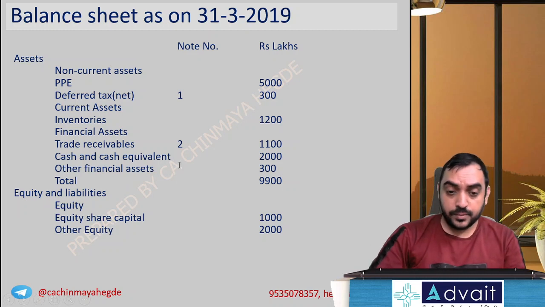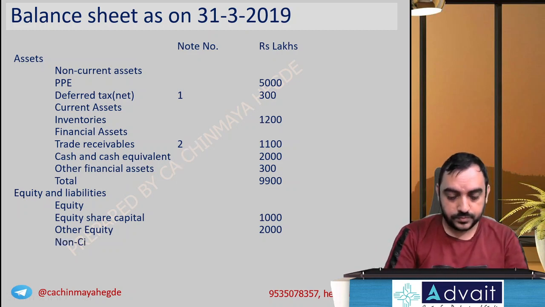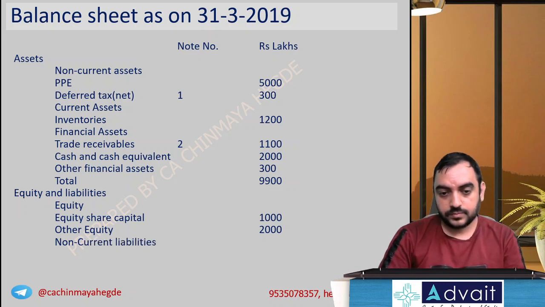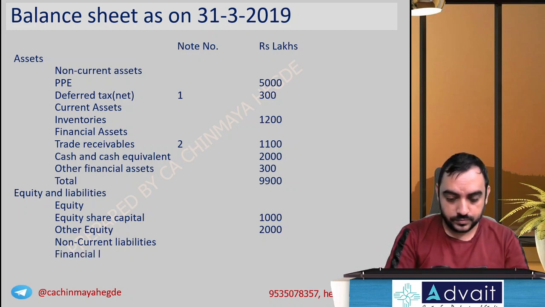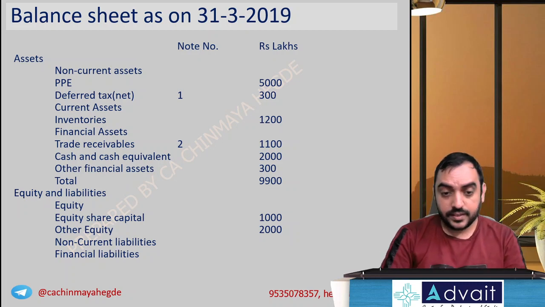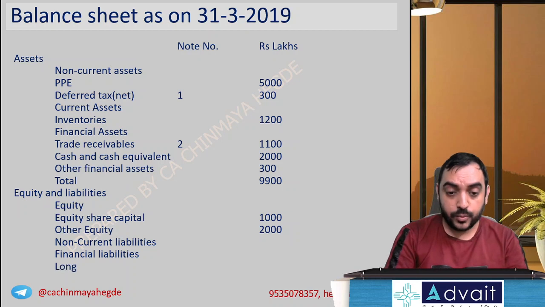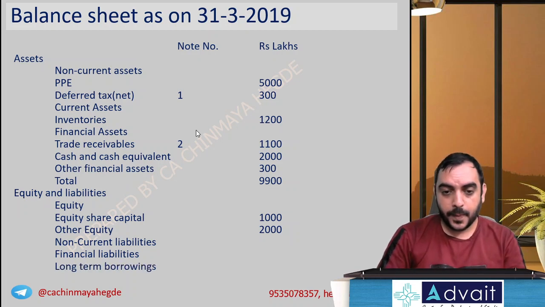Then liabilities, we have non-current liabilities. Under that, financial liability. Under that, long-term borrowings, loan pending, long-term borrowings, 5,000. I think we have a note also, note 3.